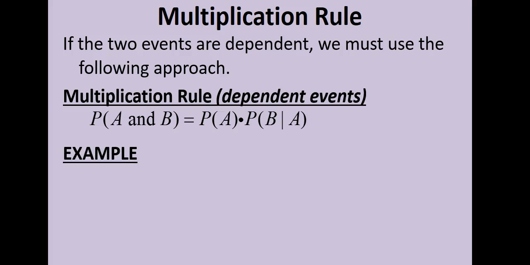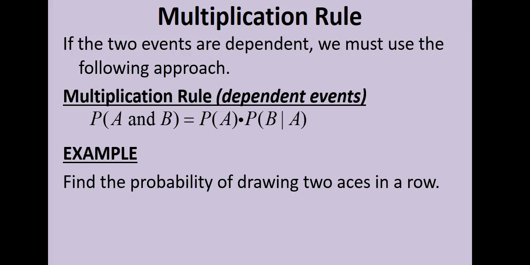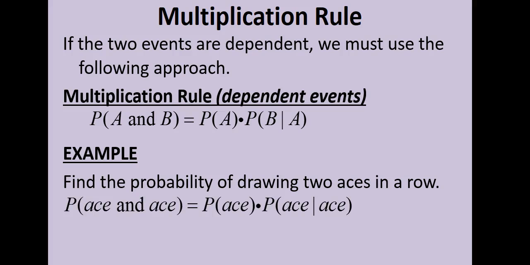So as an example, find the probability of drawing 2 aces in a row. Our probability of the first ace would be given, and then we would multiply that times the probability of an ace given that the first ace was drawn, which we just looked at. So in this case, that would be 4 out of 52 for the probability of drawing the first ace.